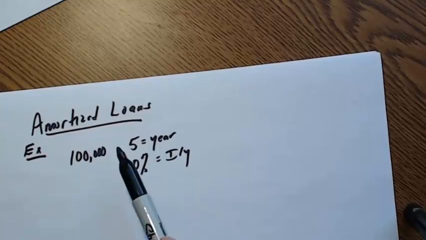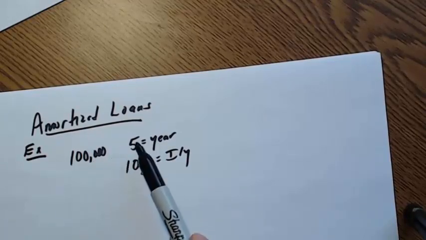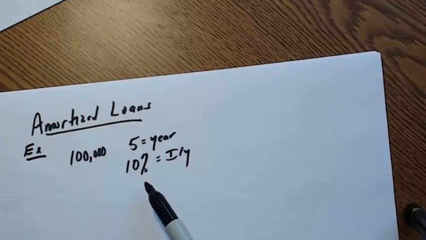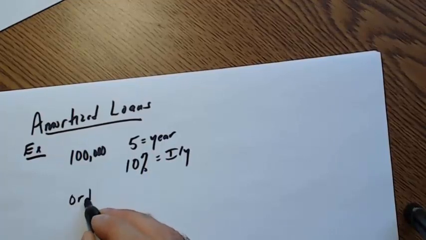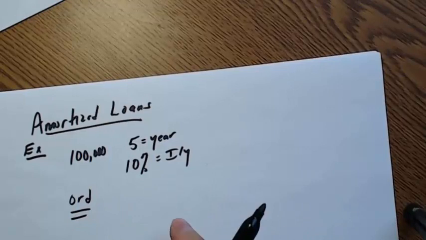Okay, so again, you borrow $100,000 for 5 years at 10%. The payment schedule calls for equal payments at the end of each period. So we know it's an ordinary annuity. Payments are at the end of each period. Interest is computed based on the beginning of the year.